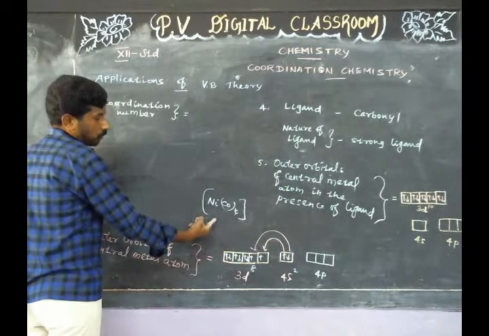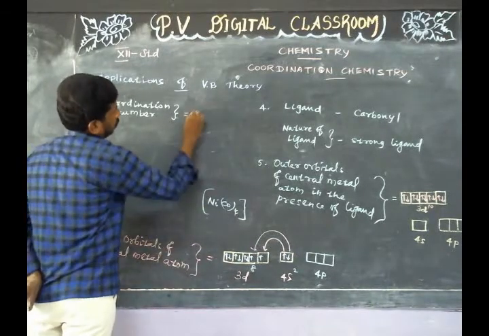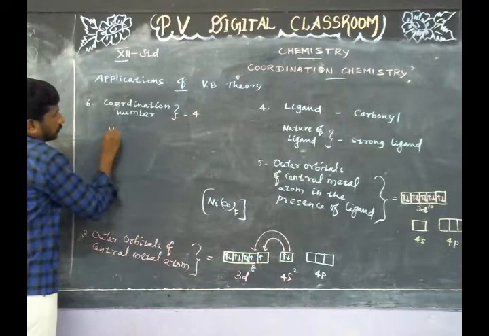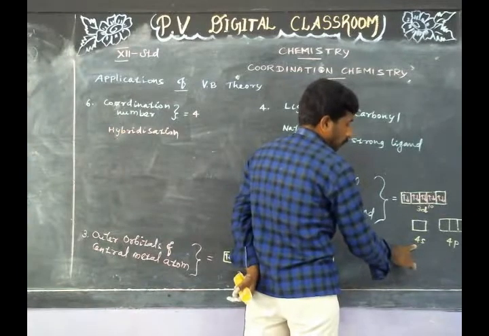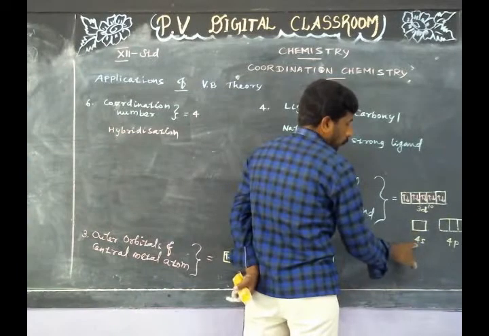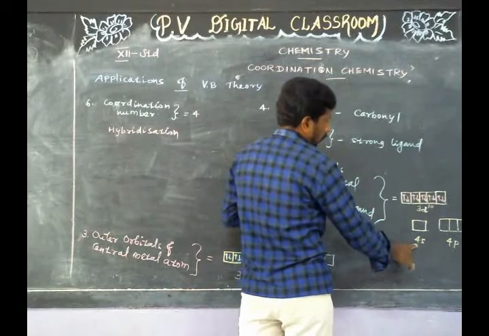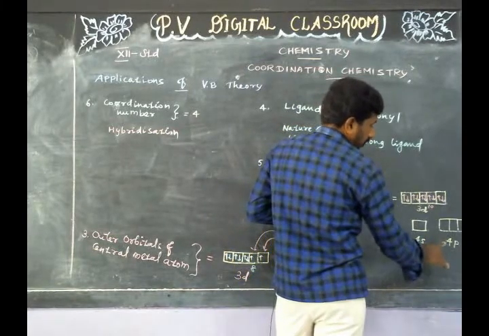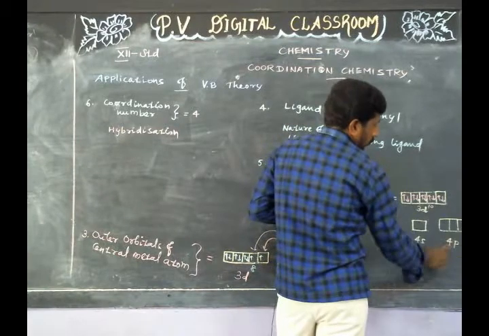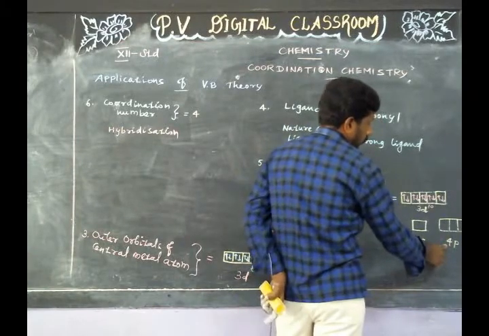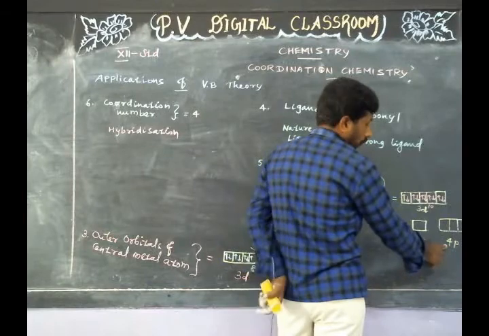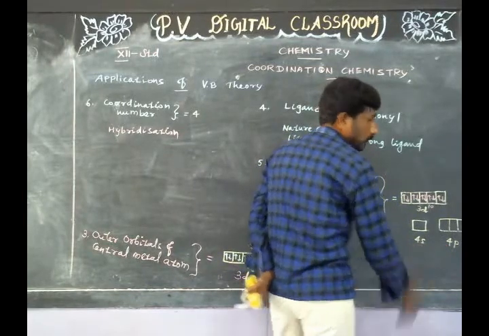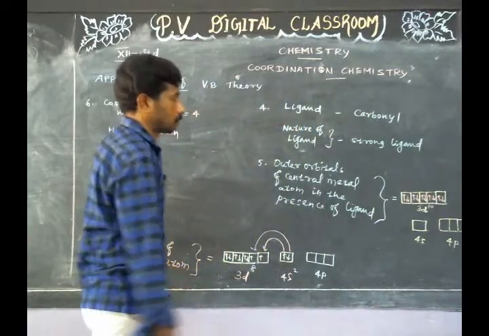In the given compound, the coordination number is 4. Then hybridization. One 4s orbital of the nickel atom mixes with three 4p orbitals of the same atom to give 4 equivalent sp3 hybridized orbitals.